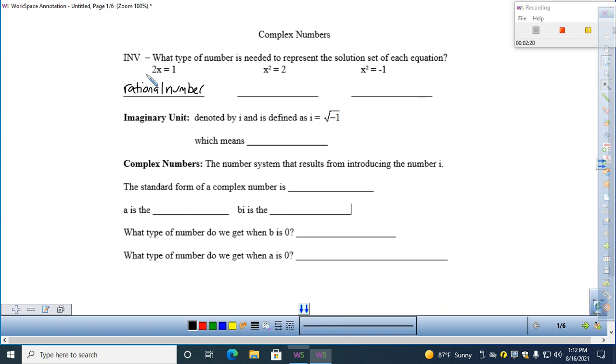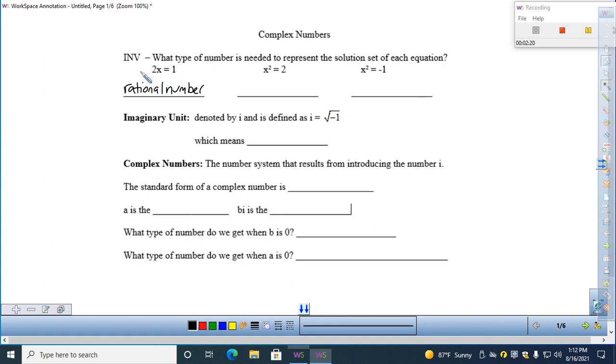So like 1/2 is 0.5, so the decimal terminates. If the answer was 1/3, that would be 0.3 repeating. So those are not irrational numbers. Okay, so we have a different type of number outside of the ones that I had said initially that would allow us to solve this particular equation.